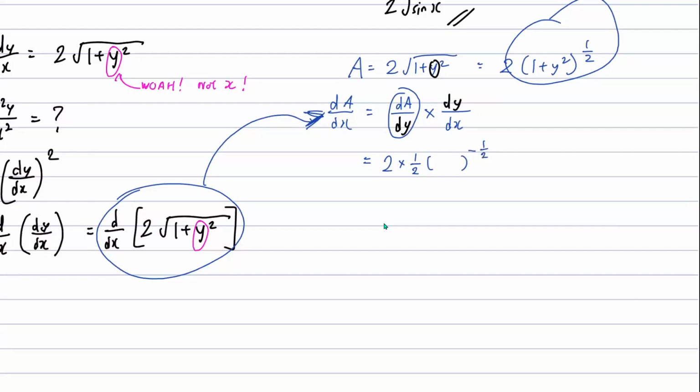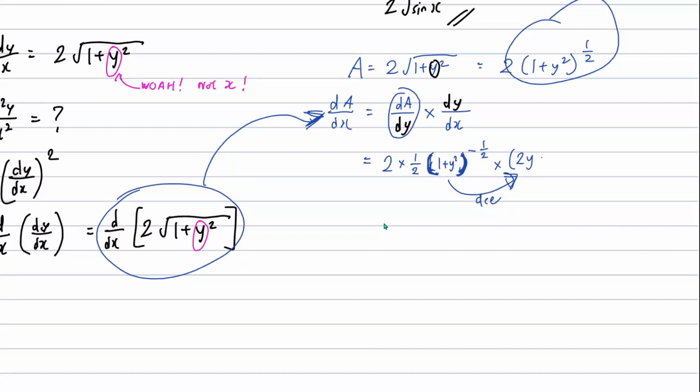What happens to the inside, in between the brackets? It stays the same. Stay the same first, and then differentiate, times the inside, which will give you 2y.